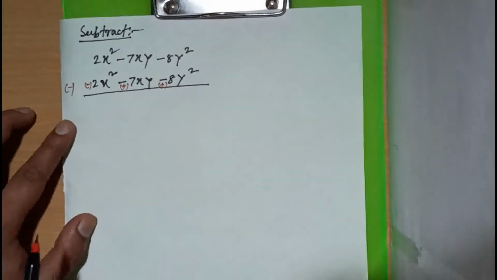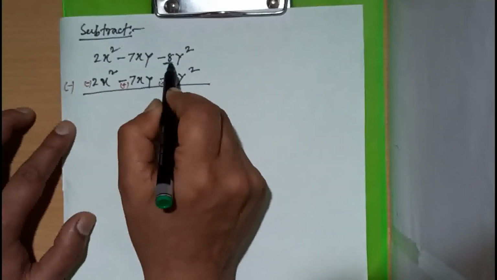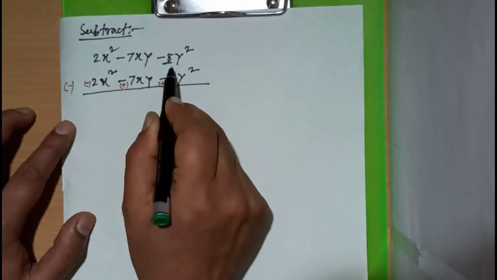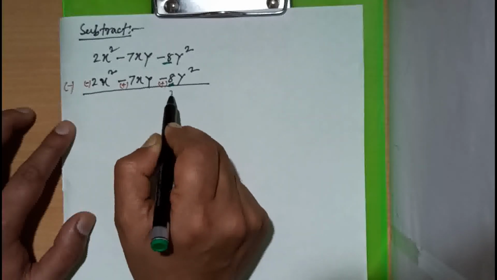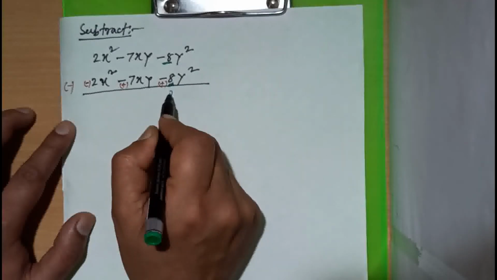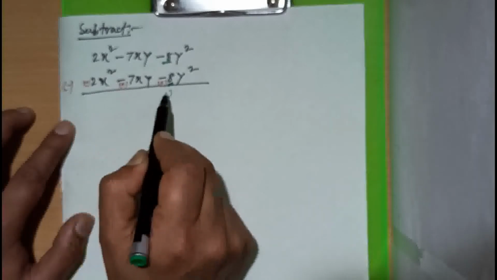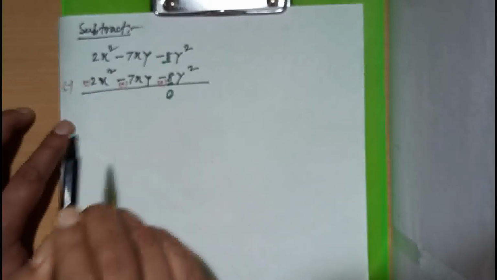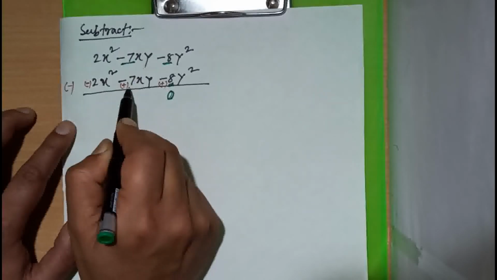Now if you see, this is negative 8 and this is positive 8. So negative 8 positive 8 will give you 0. So we will get 0 here. Is it clear? After that again you see here, this is negative 7, this is positive 7.